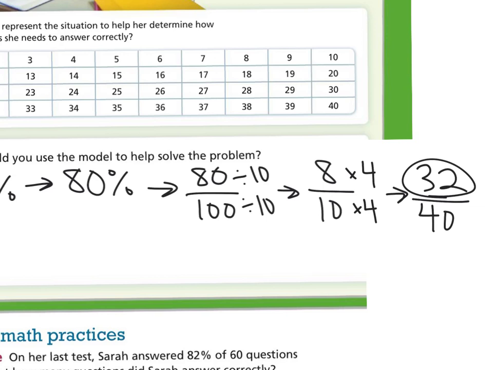Understand this is actually for 80%, but that's pretty close to where she would be. If we still weren't able to get to 40, we could try to reduce down further. 8/10 could reduce further down to 4/5, but in this case we didn't need to reduce it all the way in order to get the denominator that we wanted.